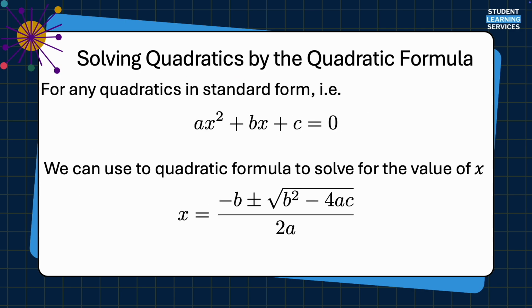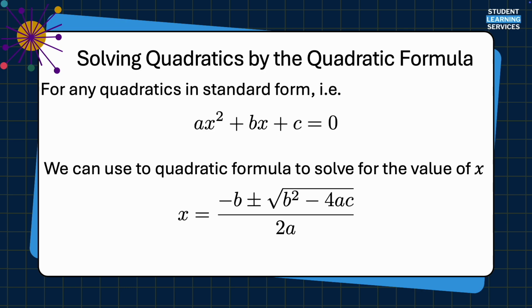You might have a question, what if the quadratic cannot be factored easily or it's just impossible to factor? Well, in that case, we can use a special formula called the quadratic formula, which is guaranteed to work every time. In order to use the formula, our quadratic equation must be in the form of ax squared plus bx plus c equals 0, which in other words means that the right-hand side is equal to 0.